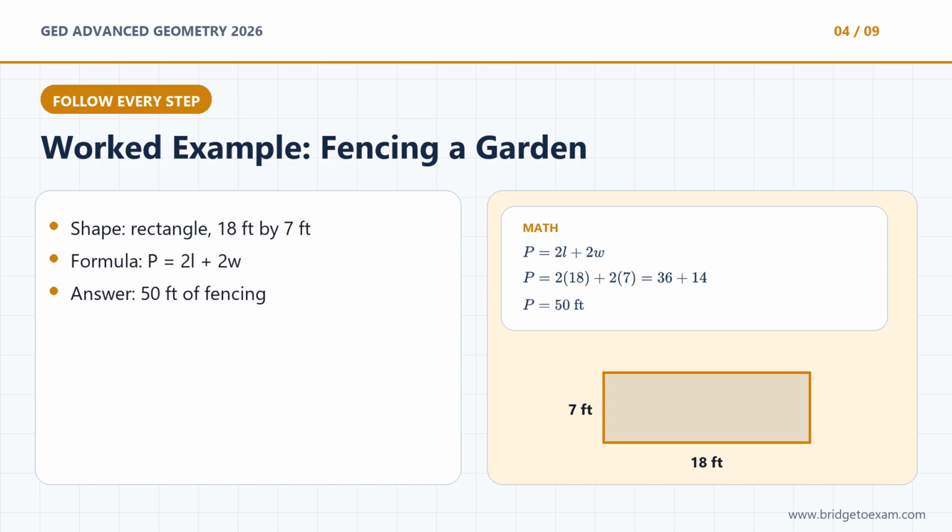Step 3. Substitute, 2 times 18 plus 2 times 7. Step 4. Calculate. 36 plus 14 is 50. So the garden needs 50 feet of fencing. Notice the answer is in feet because perimeter is linear.